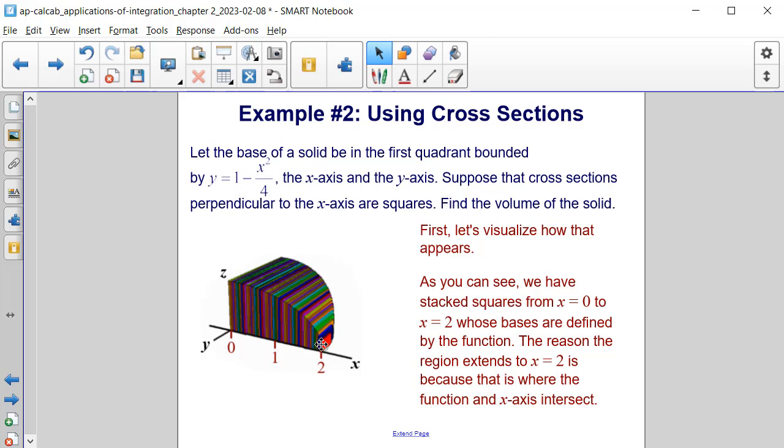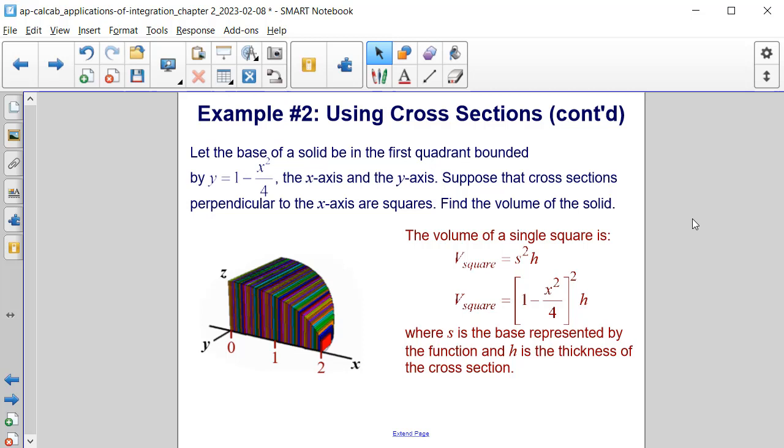The reason the region extends all the way to 2 is because that is where the function and the x-axis, one of the other bounds, intersect with one another. The volume of a single square is s squared times the height.